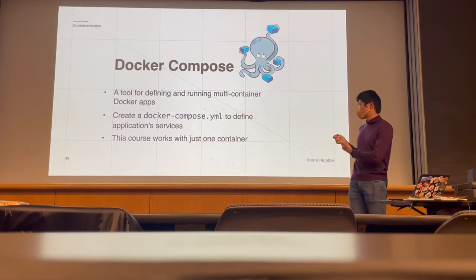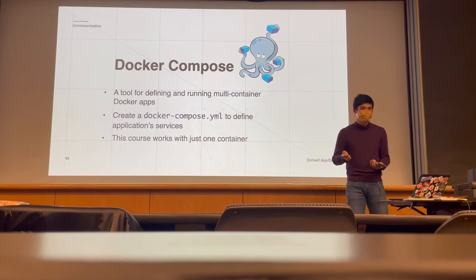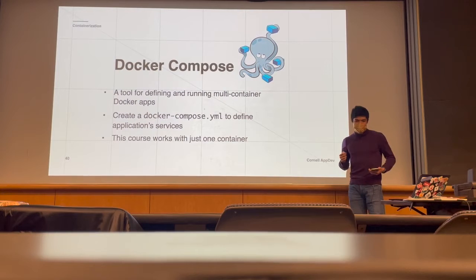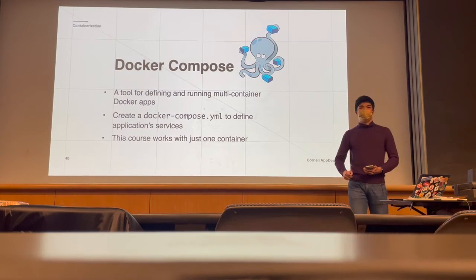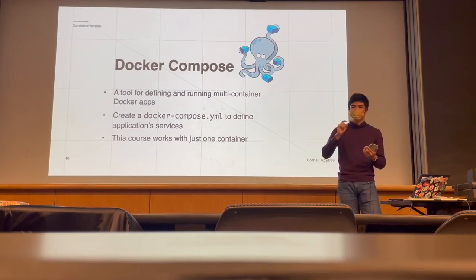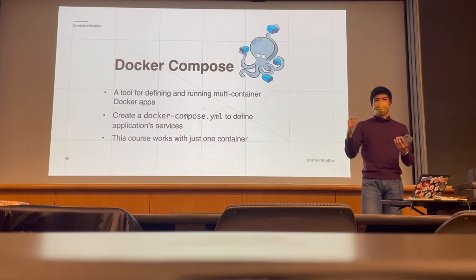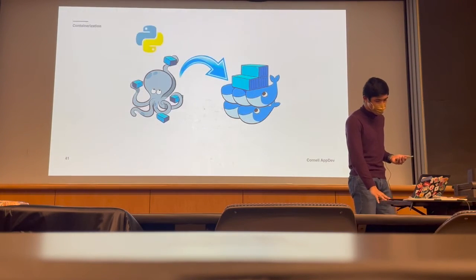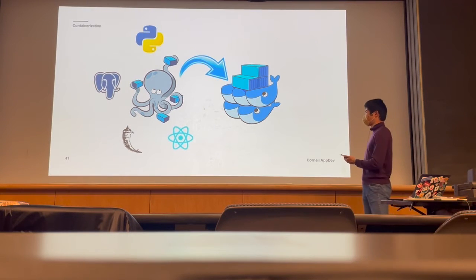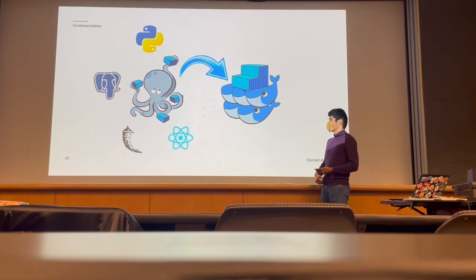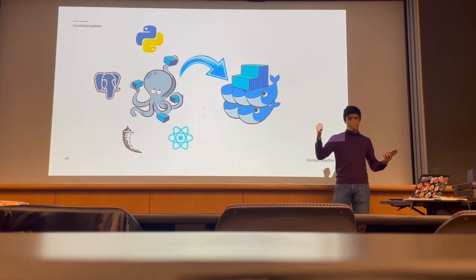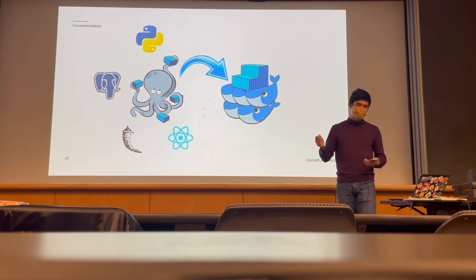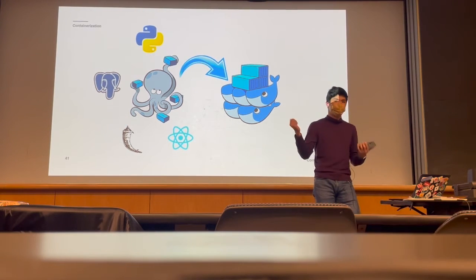For this course, we'll just be working with one container. But essentially what Docker Compose allows you to do is define how to run each container and on what port, and that kind of jazz. So again, a little depiction, right? Docker Compose can hold a bunch of containers at once and instruct Docker how to run them.